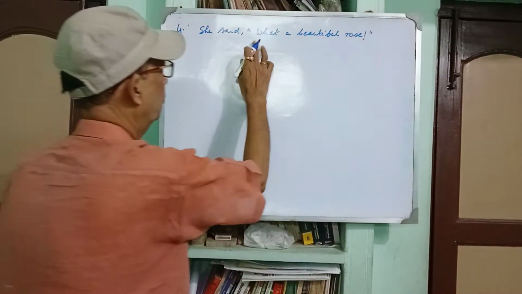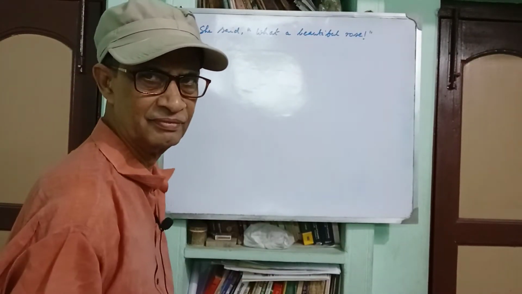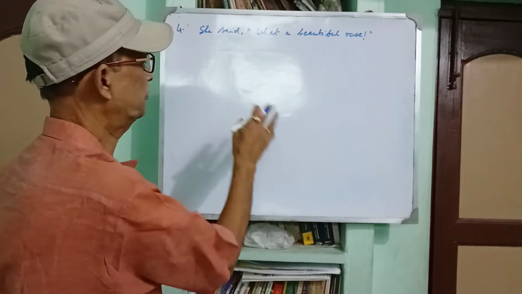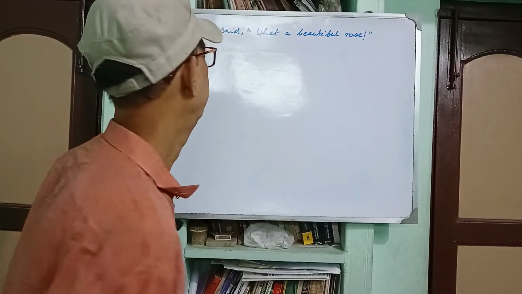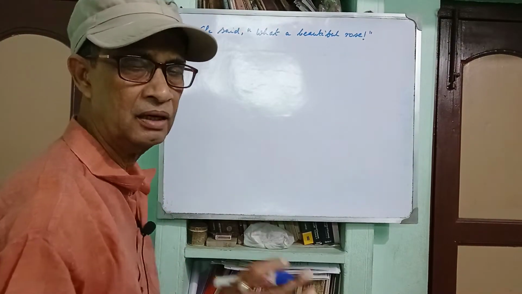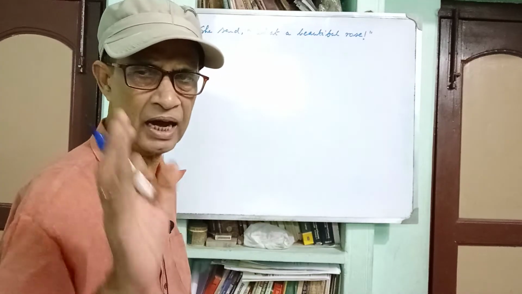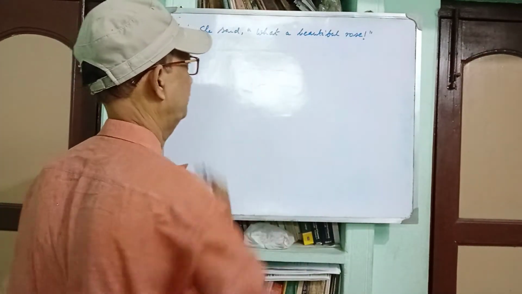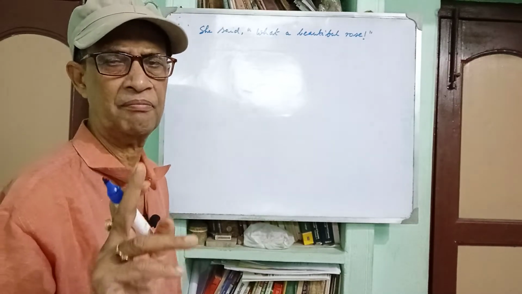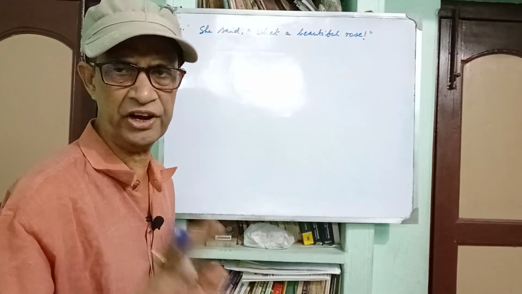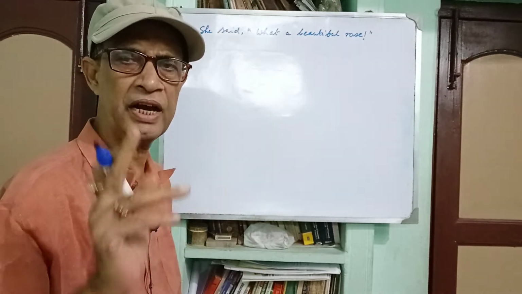You see that within the reported speech, there is no verb. That means "what a beautiful rose is", here "is" is omitted. Then, here you see that I have supplied a WH word, that is "what". And this "what" must be replaced by very, very much, great, greatly, etc.